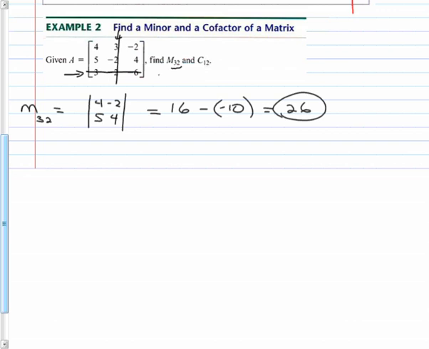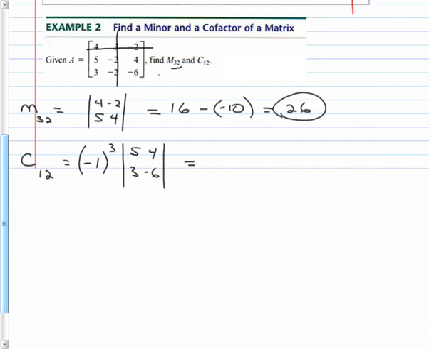Cofactor sub 12. So if I want cofactor sub 12, that's row 1, column 2. So I'm going to have negative 1 raised to the, what's 1 plus 2? Third, times that minor, 5, 4, 3, negative 6.